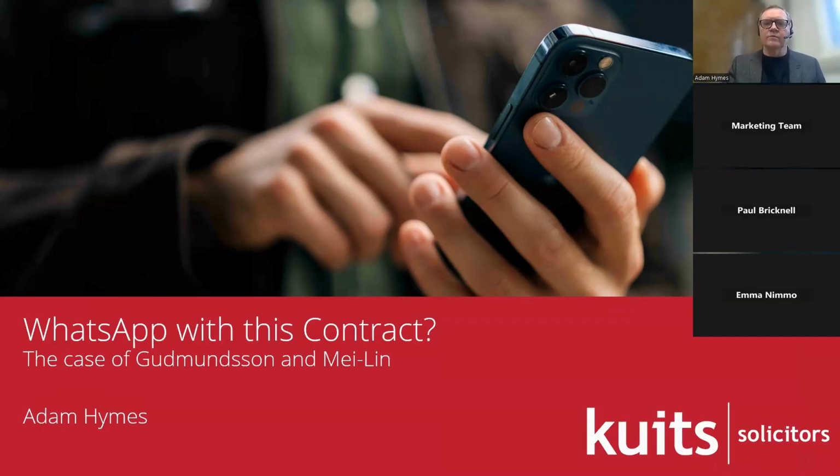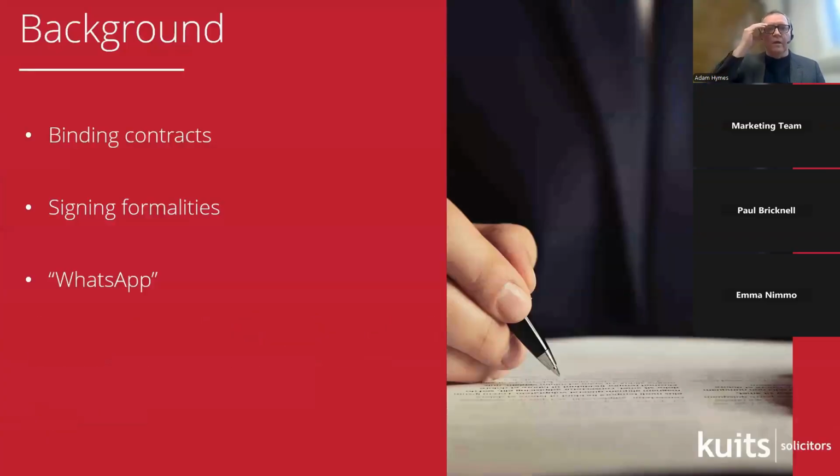So, as Paul says, I'm going to talk about WhatsApp, quite a change of tone, perhaps. My presentation's perhaps a more generic one than some of the previous talks have been, but I'm going to be talking about the construction of contracts in a property context in modern technology and WhatsApp specifically. So, the background.